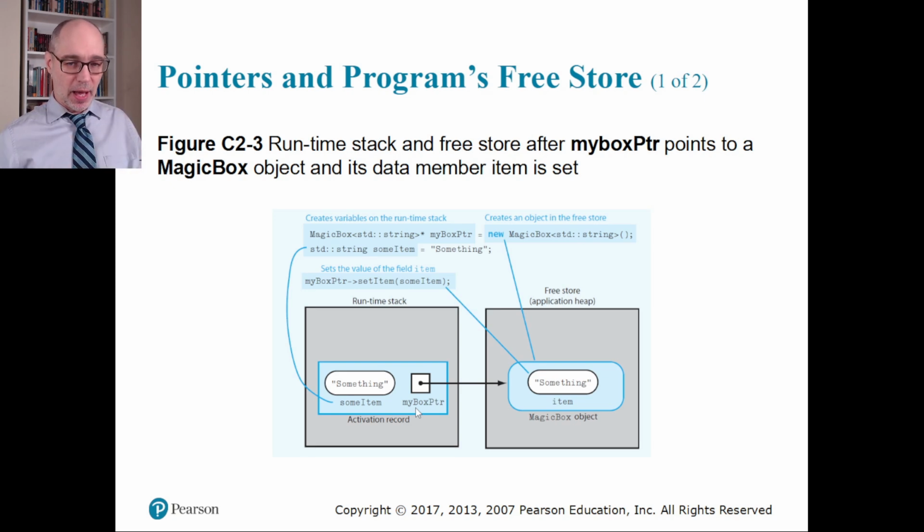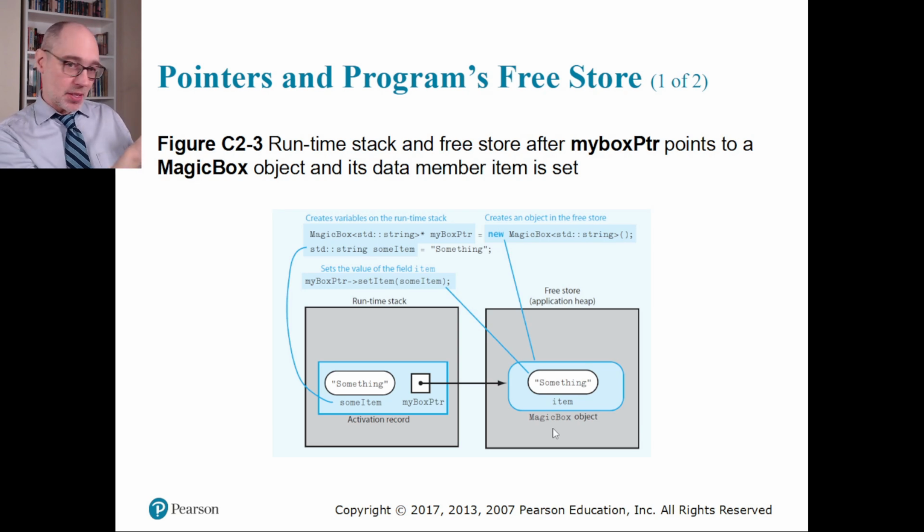In addition to that, because of the new operator over in the free store, you have declared an actual myBox object, and you actually have passed in a copy of the something string because of that third line of code there. And the address of that, that's what's actually being stored in myBox pointer. On our system, we're probably using a 4-byte pointer. It's not taking up very much space and telling us the address about where the magic box object is sitting over in the free store.